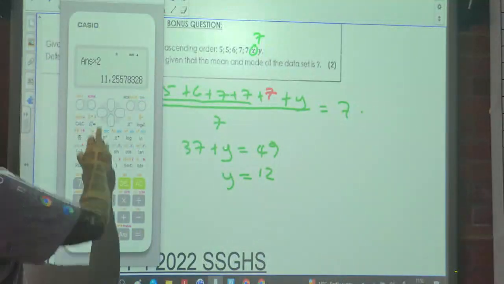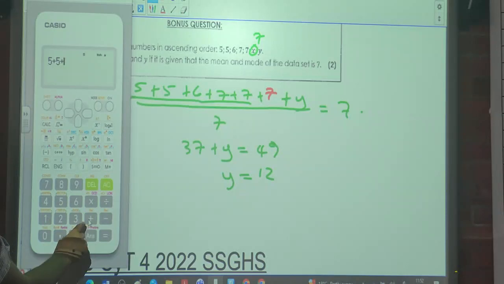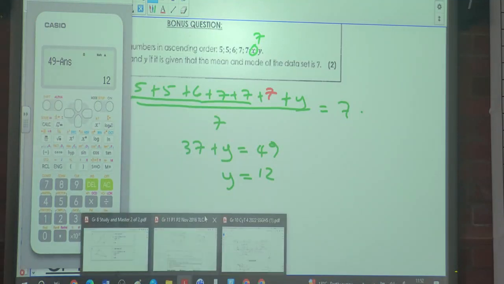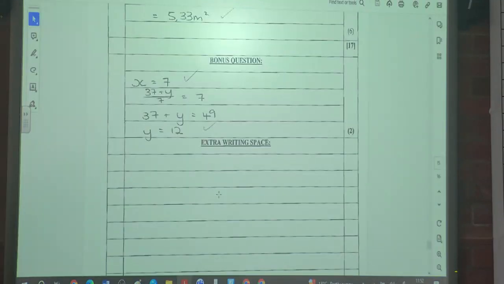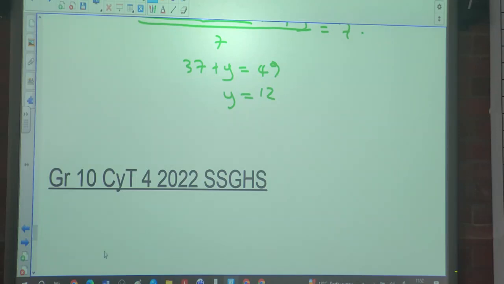So it's going to be 5 plus 5 plus 6 plus 7 times 3, that's 37. 49 minus that gives you 12. Right, so that basically brings us to the end of this paper. Sorry about the mistakes in the memo.